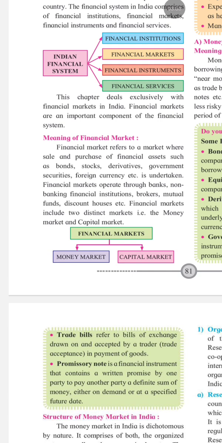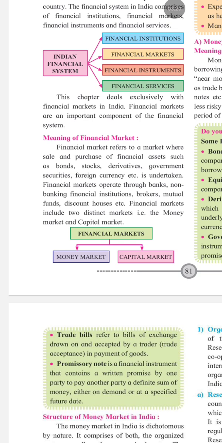Let's understand this in simple language. A financial market is not just a physical place, it's a system where people who have surplus money and people who need money come together. Here, different financial assets are purchased and sold.